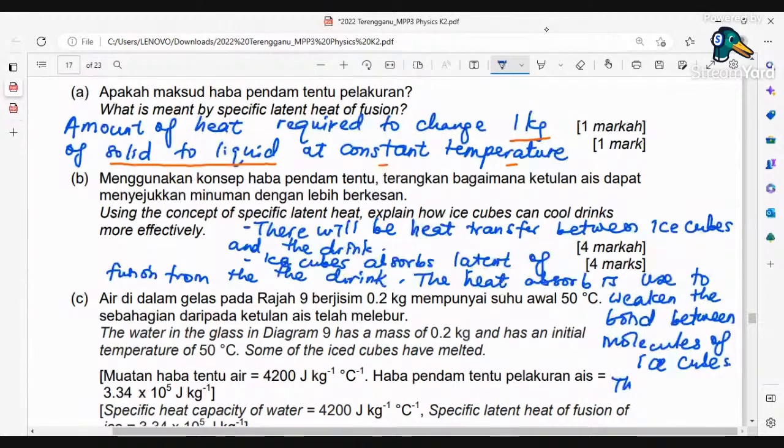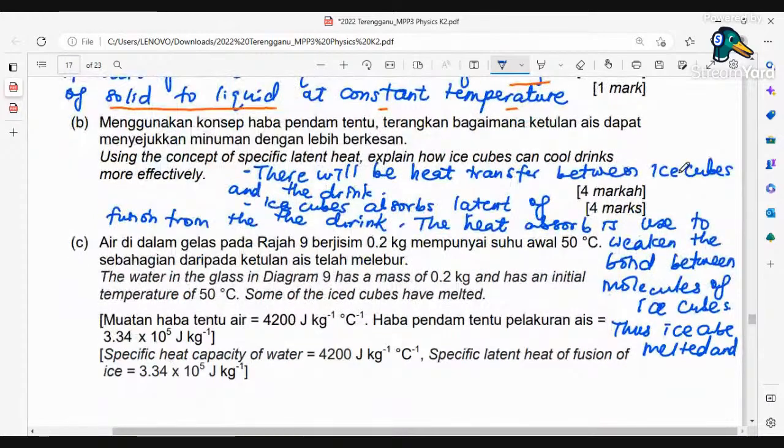Thus, ice cube melted, and the drink is cool. The drink cools. Okay.